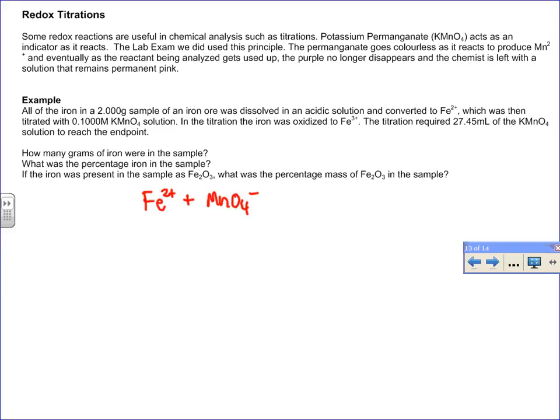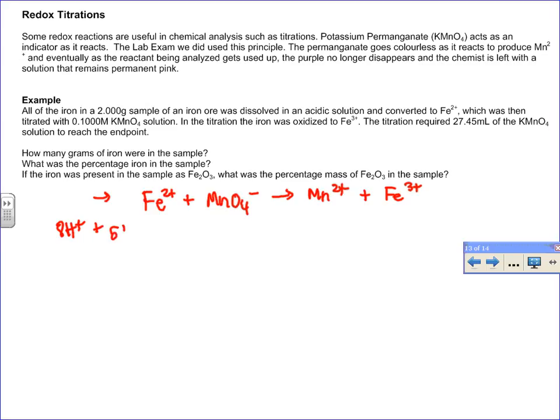It's in an acidified solution. So in acidified solution, the permanganate converts to Mn2+, and in this case, the iron, it tells us, will be oxidized to Fe3+.